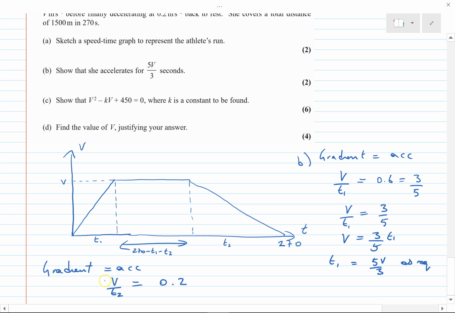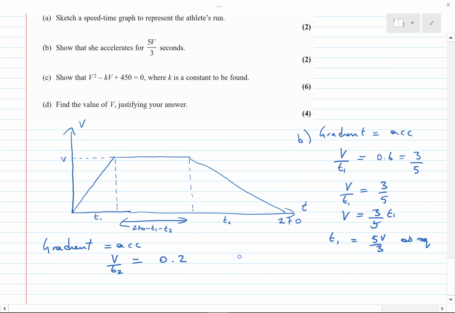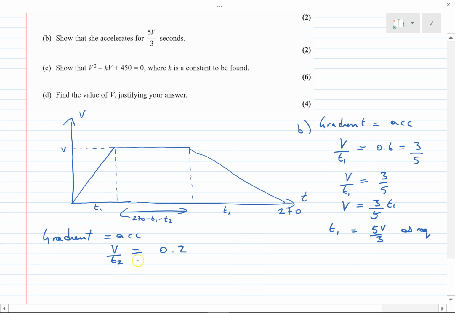Well, yeah, but in that case both are negative, so we'd have a negative there and a negative there. So don't need to bother with that. It's just basically the ratio of this to this has to be 5 to 1. This length here has got to be 5 times this length here. So that gives us v over t2 equals 1 over 5. So t2 is equal to 5v.